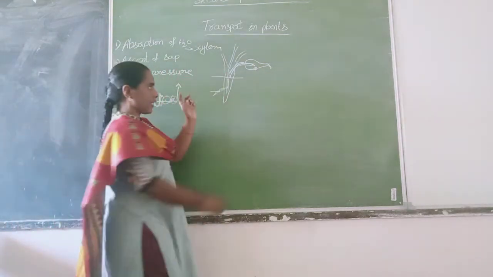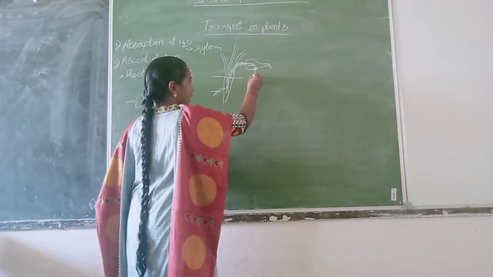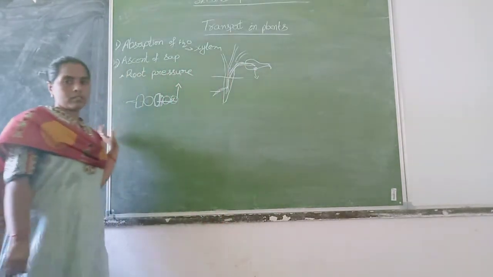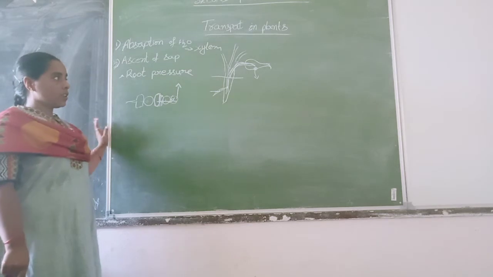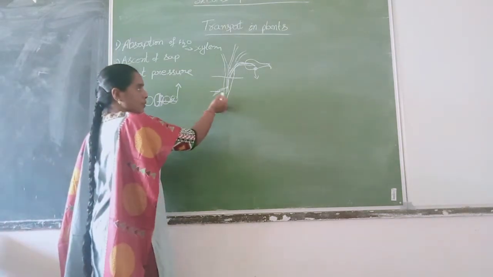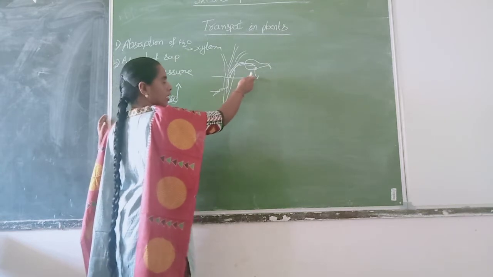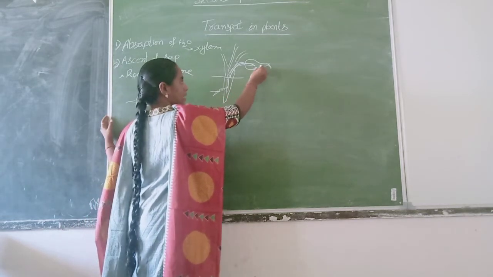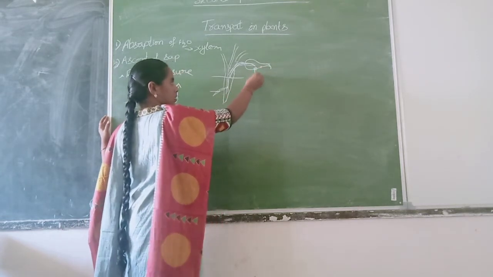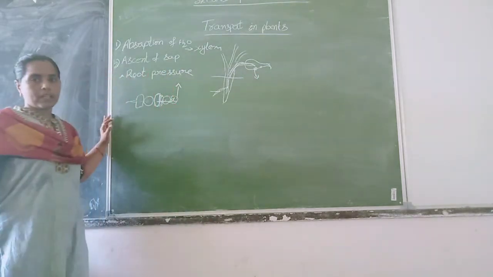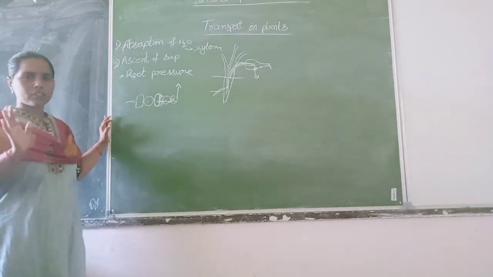Through this stomata water will evaporate. Continuously water absorption takes place and it is transported throughout the plant body, and through the stomata water evaporates into the atmosphere. That process takes place continuously.